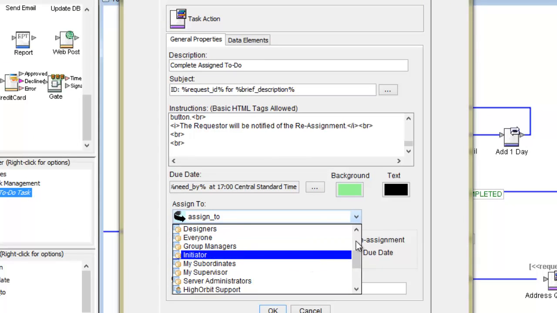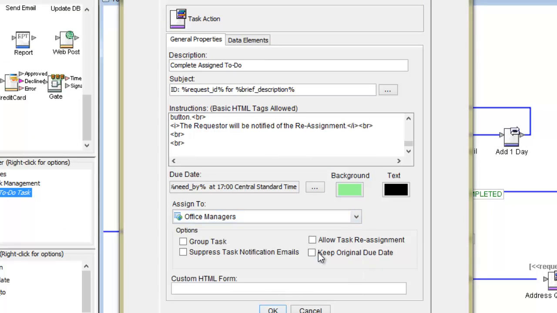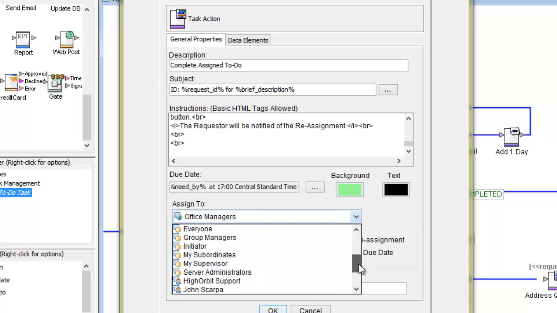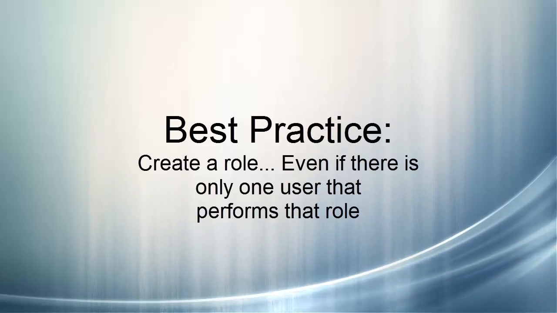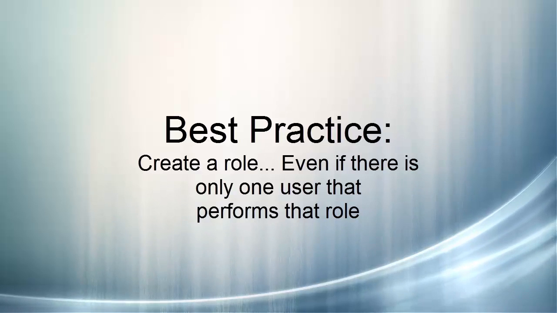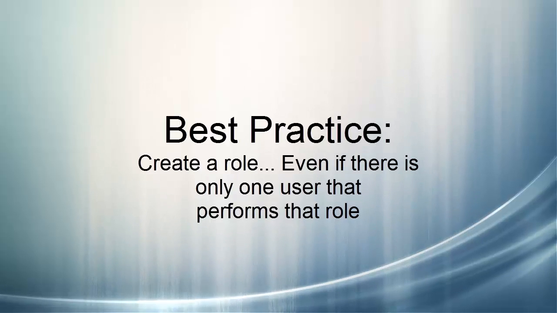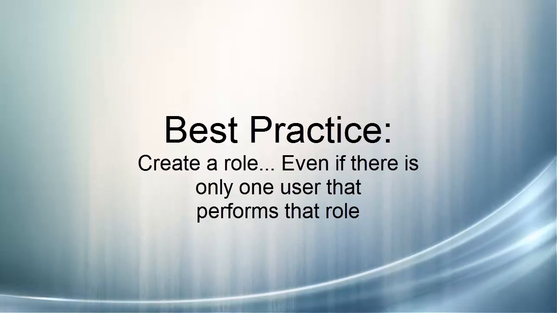Any member will see the task in their personal task list and can request ownership of the task to begin working on it. In HighOrbit, it is not uncommon for there to only be one person that belongs to a role. If you design your processes this way, you will not have to modify your process when users move in and out of the role as your personnel change over time.